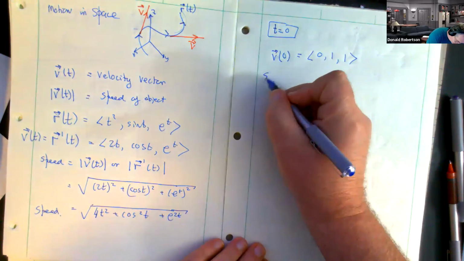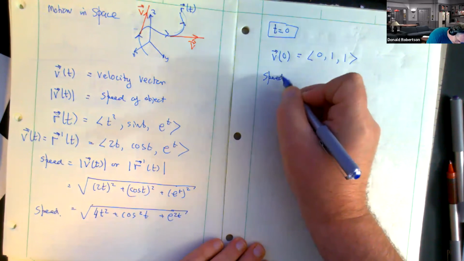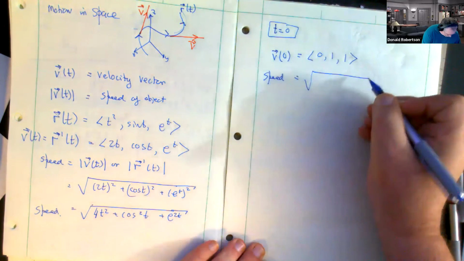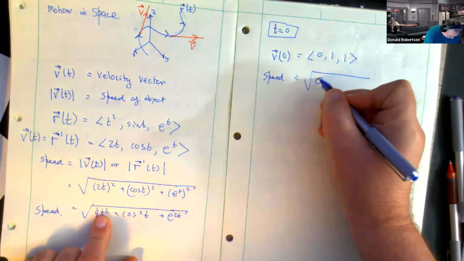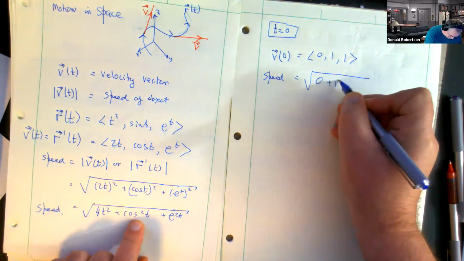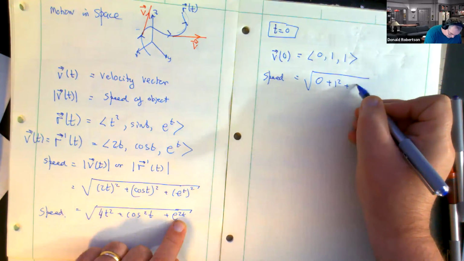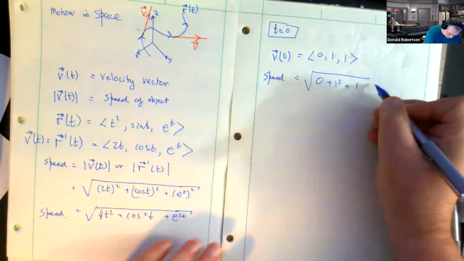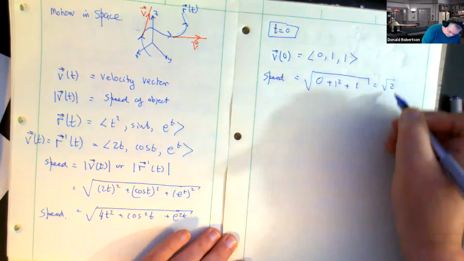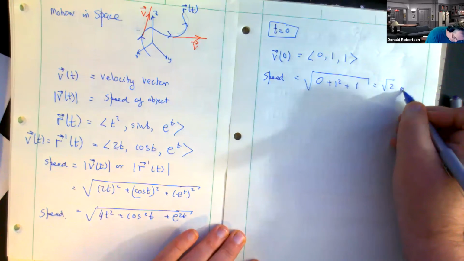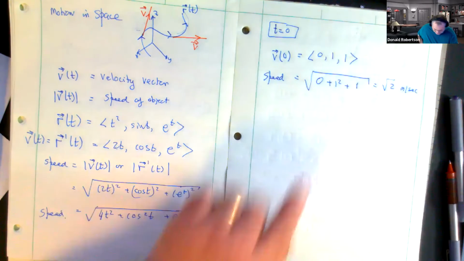And if I wanted to know what speed it was going, it would be the square root of, well, nothing, plus 1 squared, plus e to the nothing, which is just 1. And so it would be going square root of 2, let's say meters per second, in that direction.